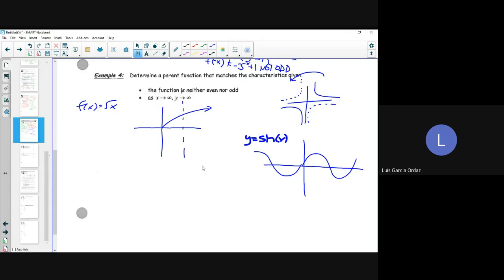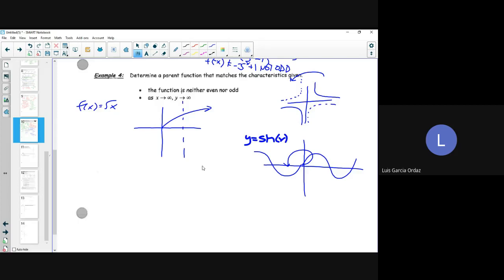If you keep flipping it, you'll end up with the same graph.